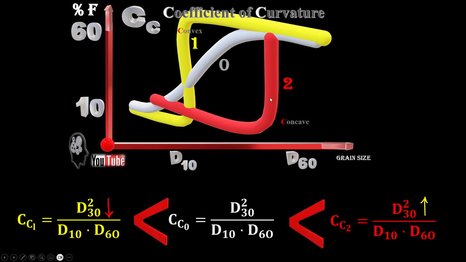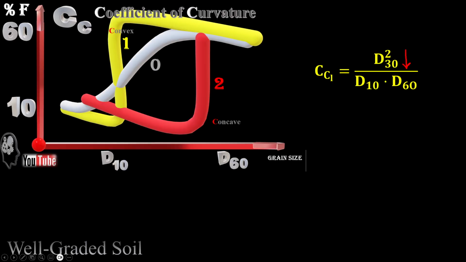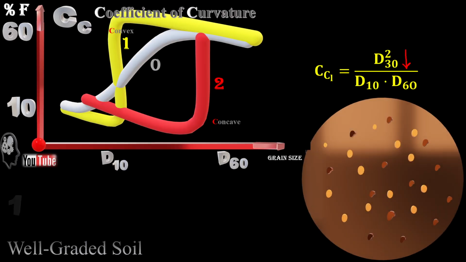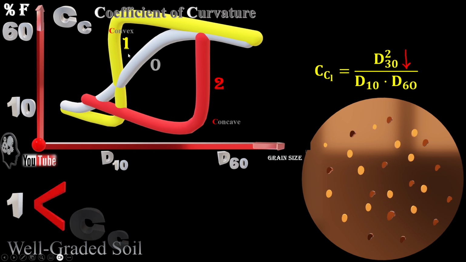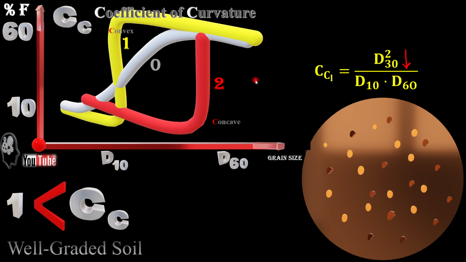So if we want to avoid our sample moving toward the smaller sample size in a convex shape, as you can see here, we should have our C sub C higher than a numeric value of 1.